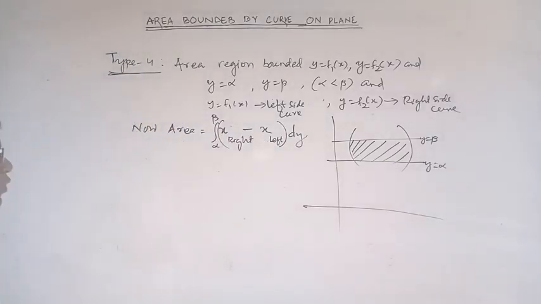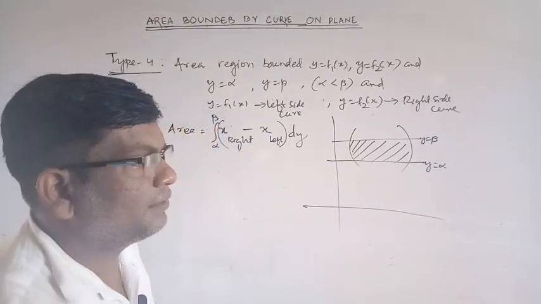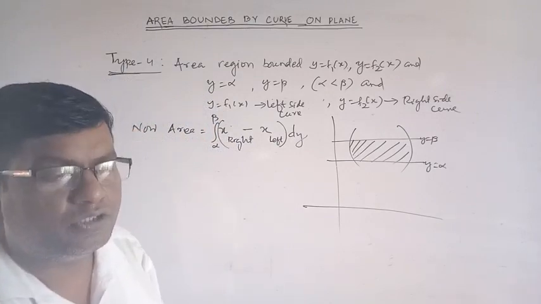These are the four types of how to find the area of the region of graphs or curves on the plane. Now some problems.